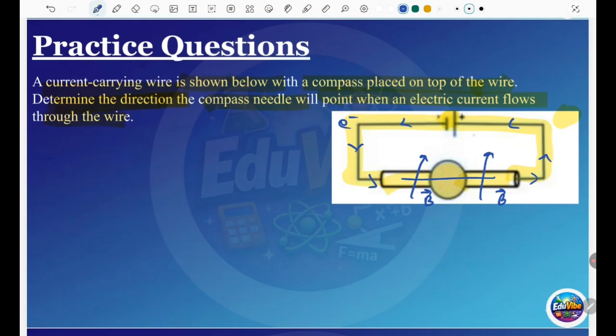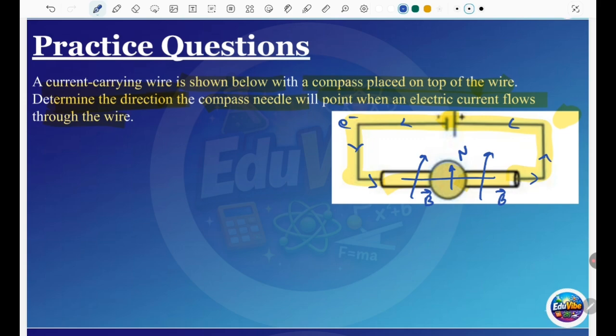So how does the north needle react to this? The north needle goes in the direction of the magnetic field, where the coiled fingers go. That is where the north pole points.